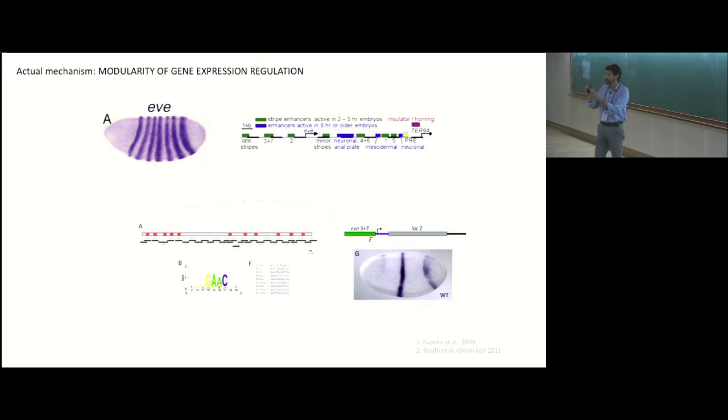That's basically because these transcription factors have domains in their protein that recognize specific shapes in the DNA, and these shapes are determined by these sequences. One thing you should notice here is that this Krüppel transcription factor, it doesn't matter which transcription factor it is, binds preferentially to a short sequence, say GAAC.